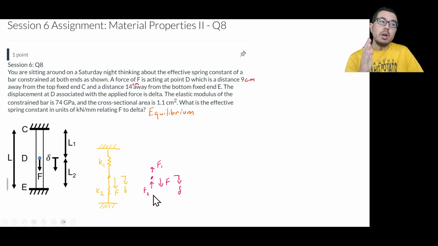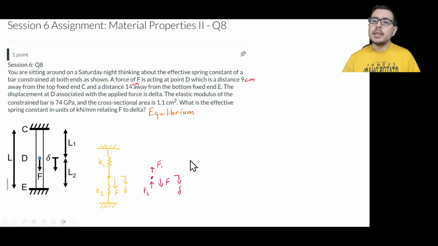I've drawn them in the vertical direction because even though this spring is going to be in tension and this spring is going to be in compression, the forces we see are both opposing the direction we're going. So if delta is going downward, then these reaction forces from the springs are going to be going upward. If delta were to go upward, then the reaction forces would be going downward.